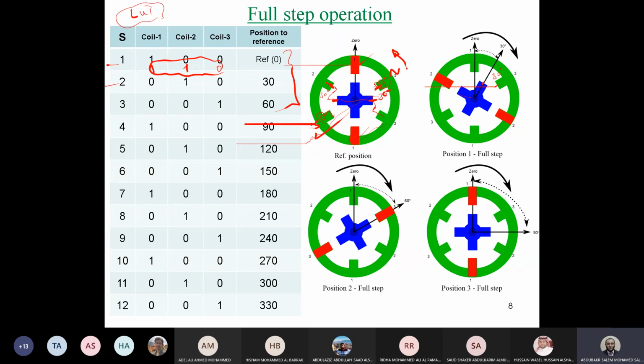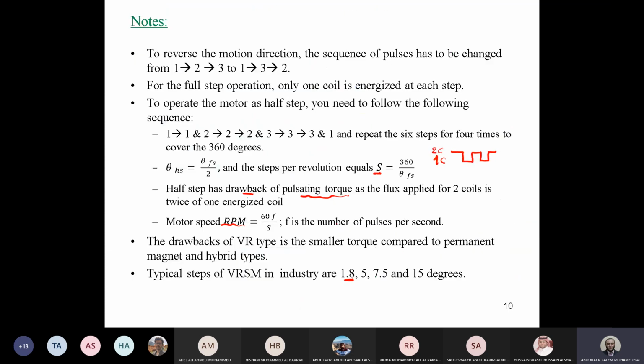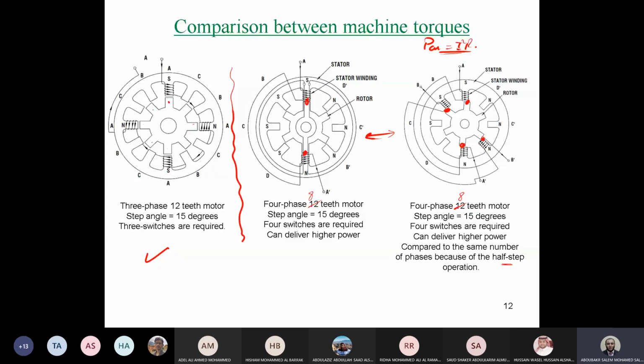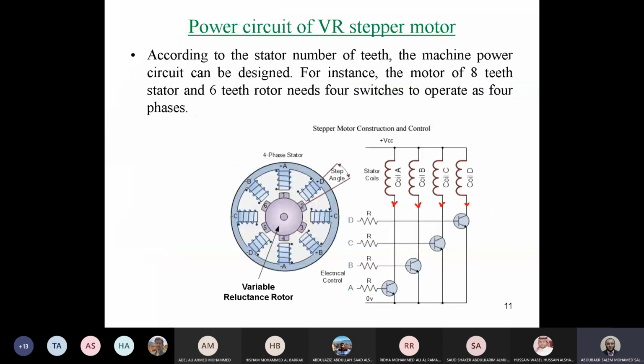Okay. Of course, guys, this lookup table should be applied on a digital controller, a microcontroller for instance, and it will be delivered to the switching elements here in order to operate the motor according to your design. Okay? And for that we give the name of sequence of pulses as lookup table because it's regularly implemented in digital controllers as a lookup table.